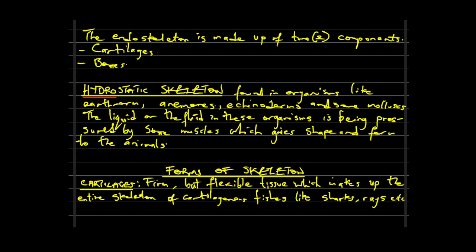These are examples of organisms that have a high amount of cartilage. Now, in higher vertebrates, cartilages consist of an organic matrix.